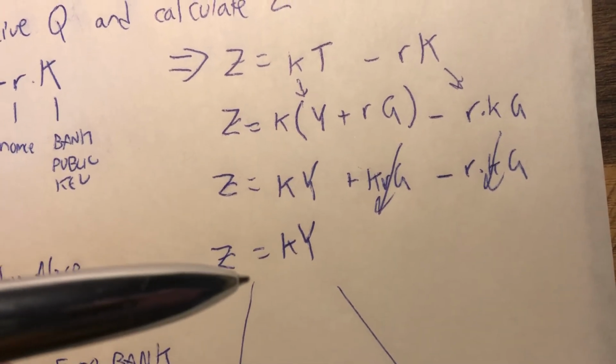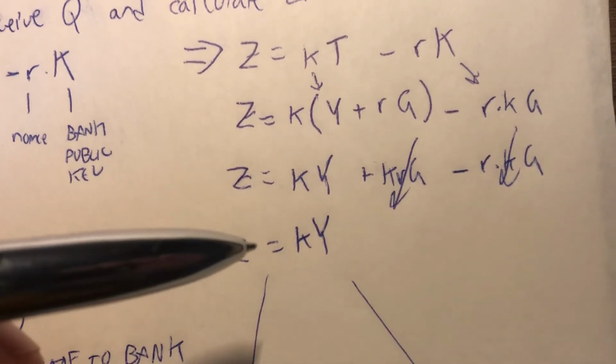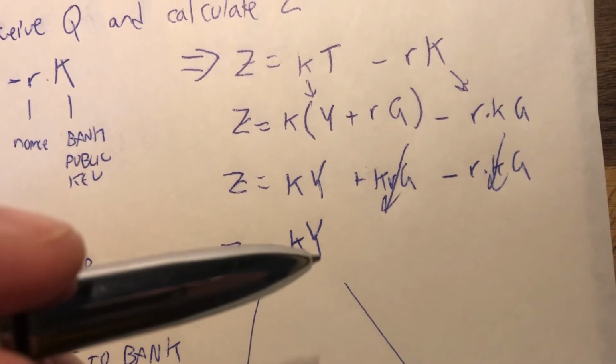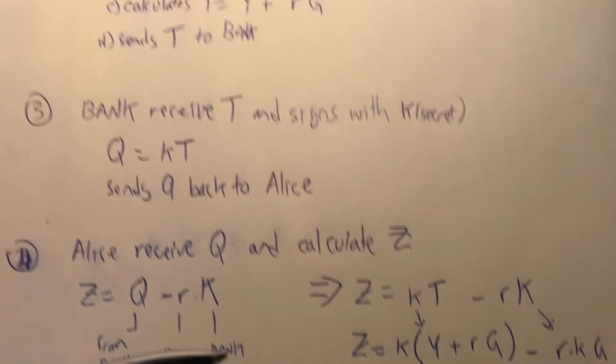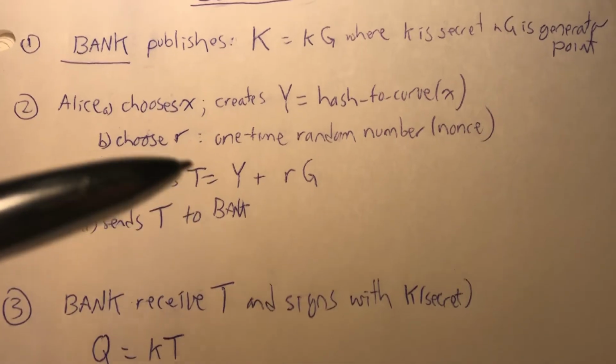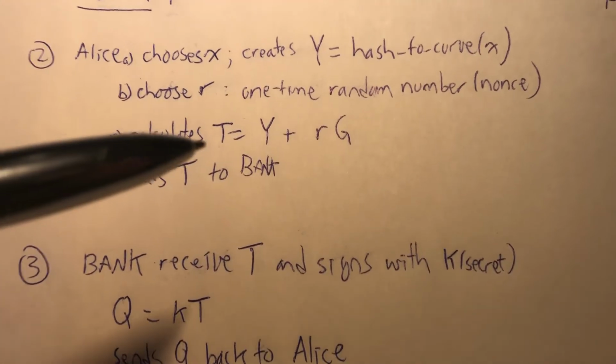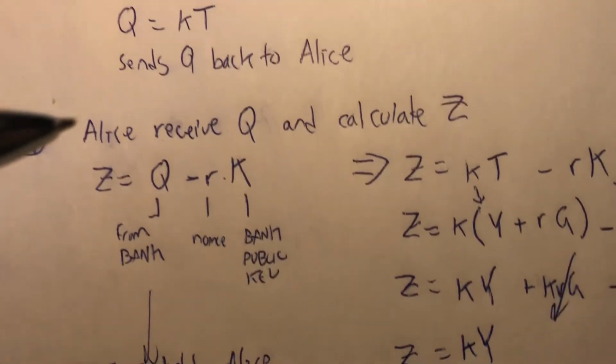In effect, this is the signature for the secret that the bank could not see, that was blinded in step 2.